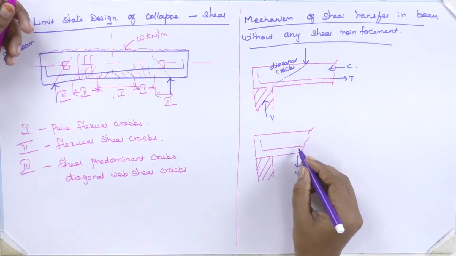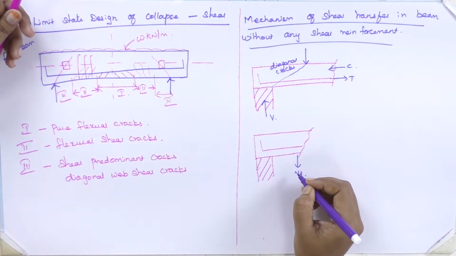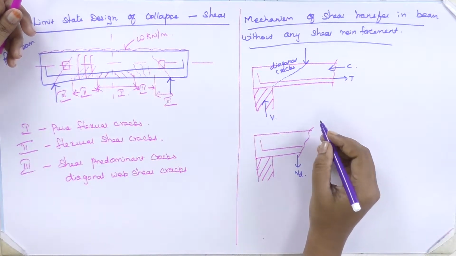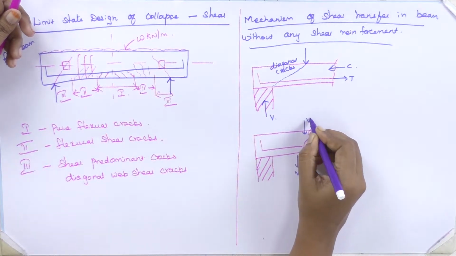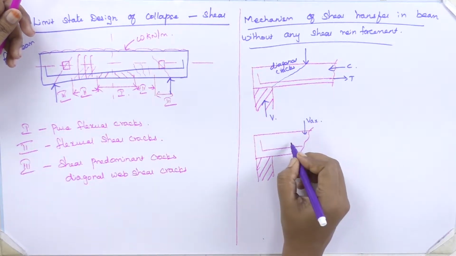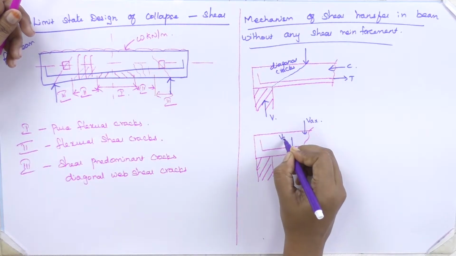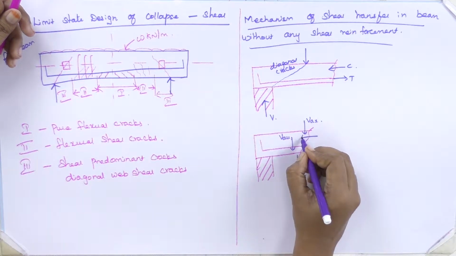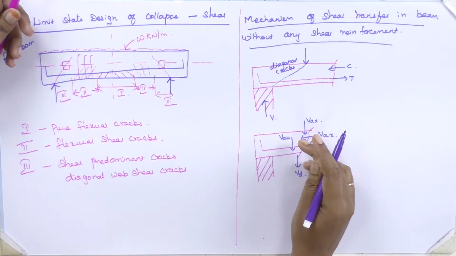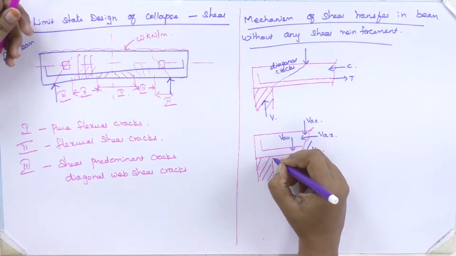VD is my double bar force, the double force action. Then this is VAX, this is VAY, this side VA. These are some of the forces being accompanied.